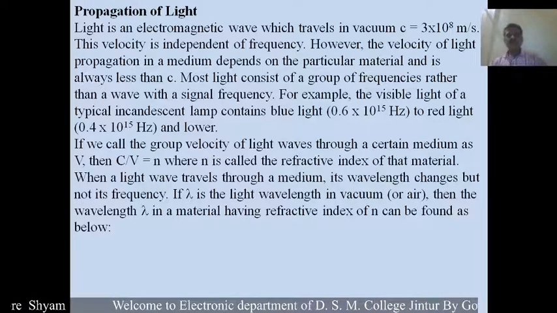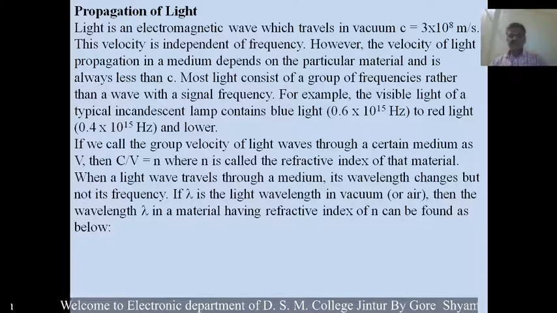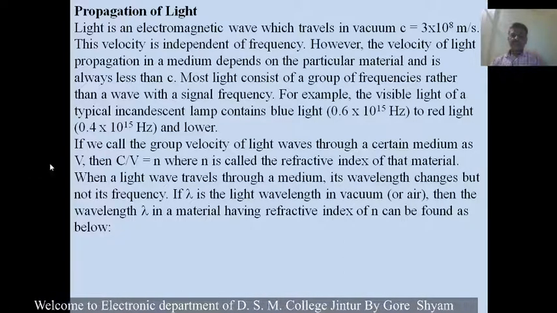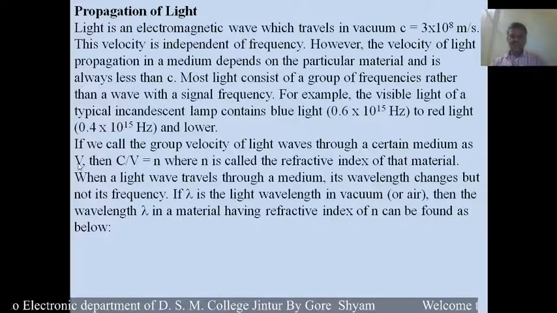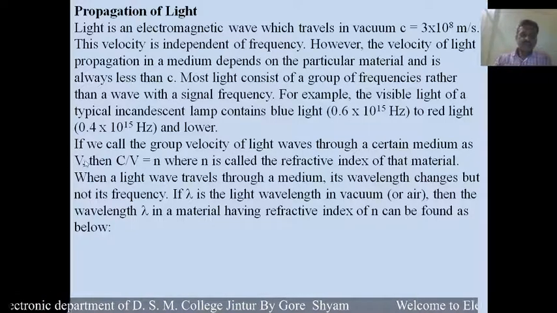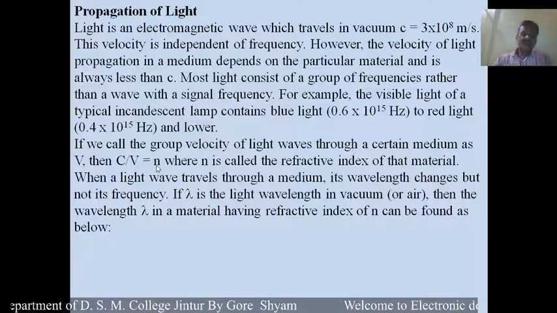If we consider the velocity of a light wave through a certain medium, suppose the velocity of light of a different color traveling through the medium is equal to v, then c by v is equal to n.